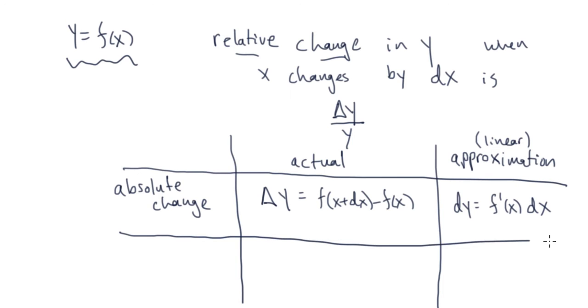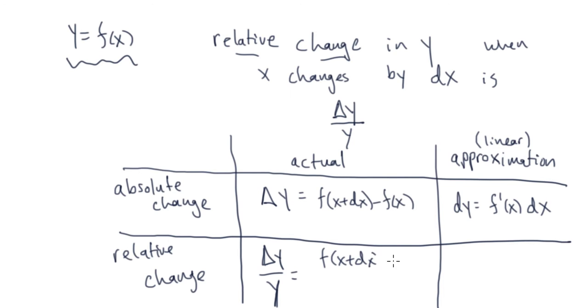And then we can also look at the relative change, which is delta y over y, or in other words, f of x plus dx minus f of x all over f of x.